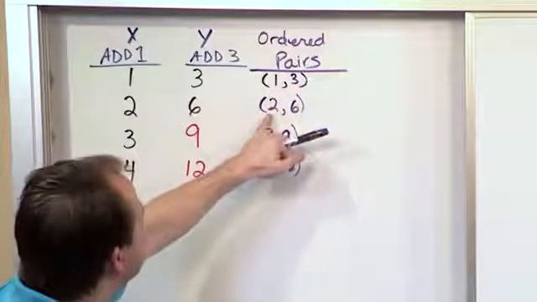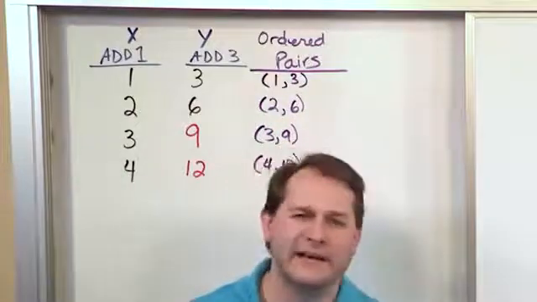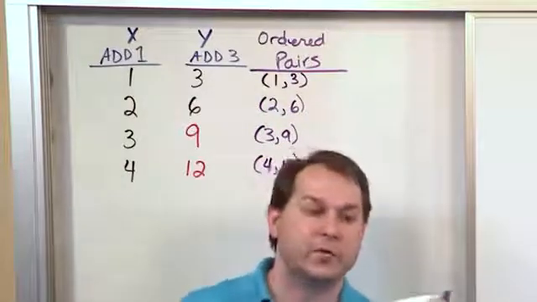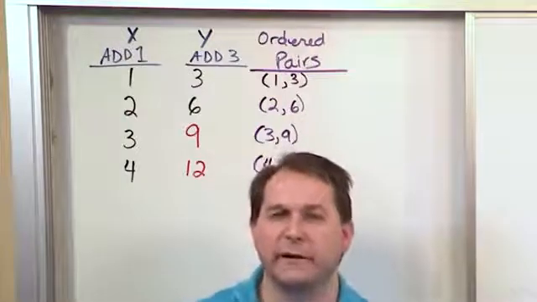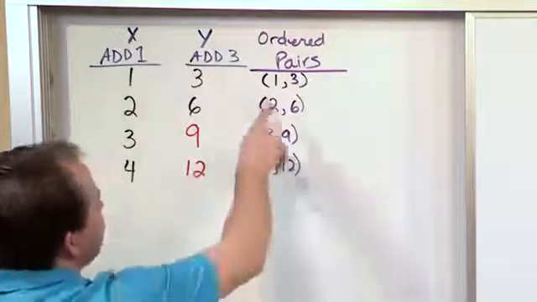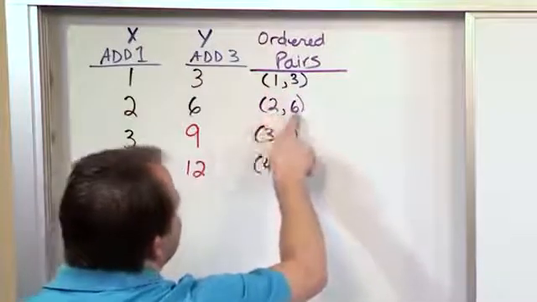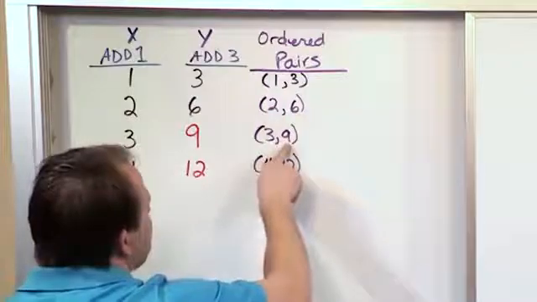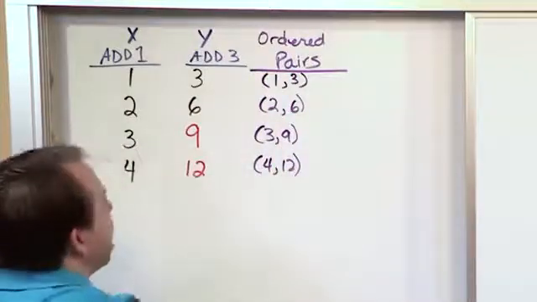In other words, is there a single rule that we can use that relates both numbers on either side of the comma? Well, if you look at this, 1 times 3 is 3, 2 times 3 is 6, 3 times 3 is 9, 4 times 3 is 12. So we see that there is a common rule here.